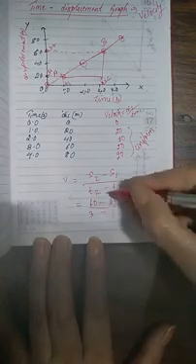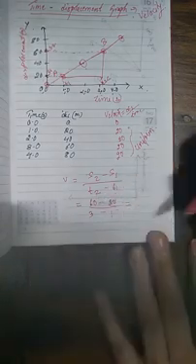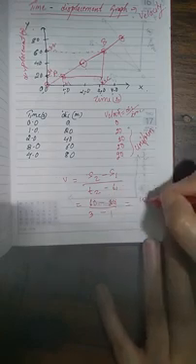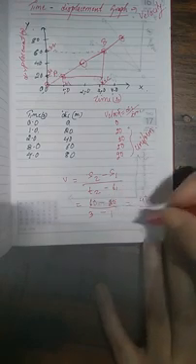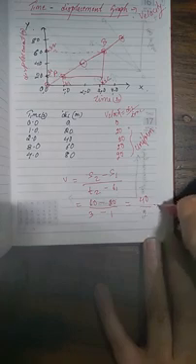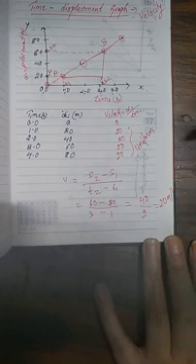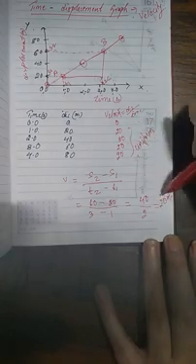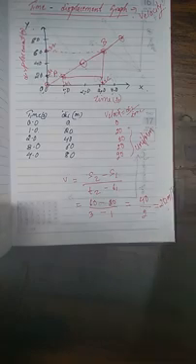So when we do this, we can also find the velocity. 60 minus 20 will be 40. 3 minus 1 will be 2. So ultimately we get 20 meter per second. So in both ways, we have found the velocity as 20 meter per second.